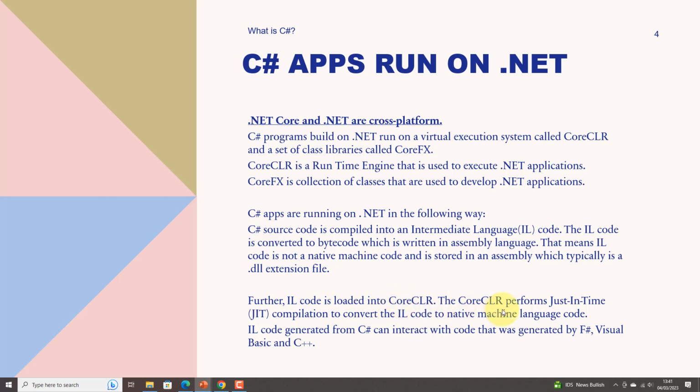The Core CLR performs just-in-time, or briefly JIT, compilation to convert the IL code to native machine language code. As I told you, the processor of the computer understands just the native machine language code, which consists of only 0 and 1.